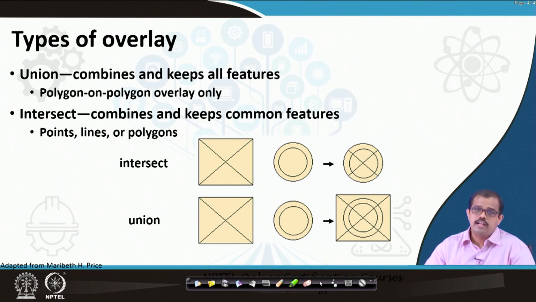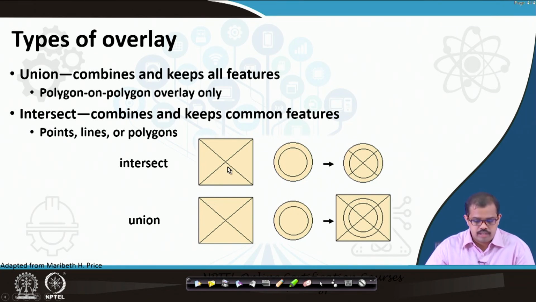As I said, overlay can be of many types. You can use union, you can use intersection. Union combines and keeps all the features, that is polygon on polygon overlay only. So if this is a polygon and this is a polygon, union combines both of these. Normally polygon on polygon overlay does this. Intersection combines and keeps only the common features.